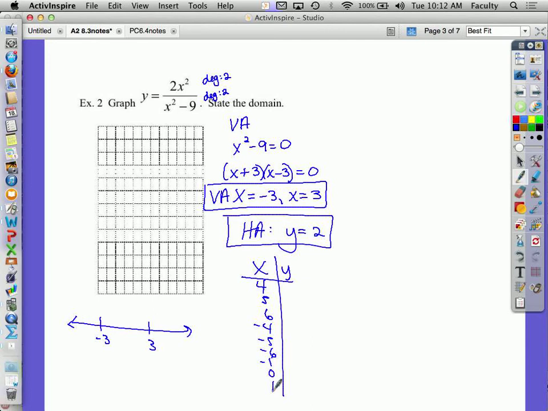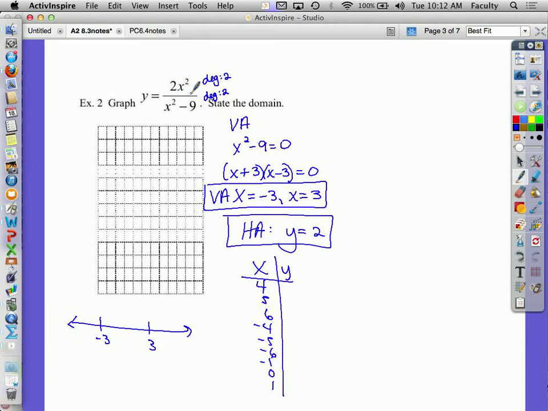Because these are both x squareds, the negatives get changed to positives, so these are the same. Now, I don't want you to make a faulty conclusion here. If the top had just a 2x, the negatives would no longer be the same. It's because they're both x squareds, and the negatives become the same as positives. This works.